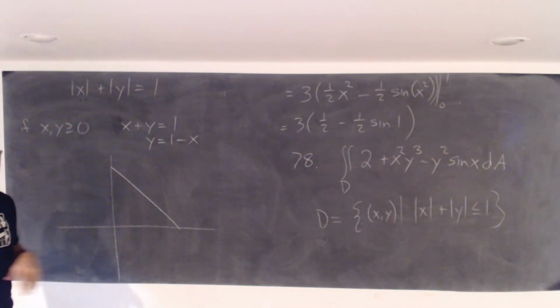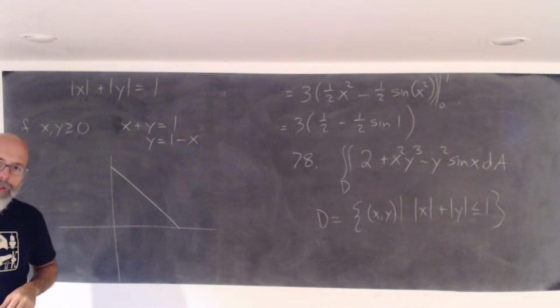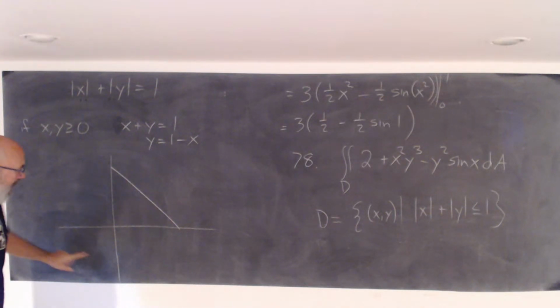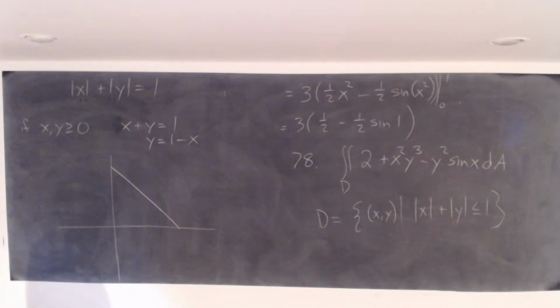But now let's be smart. Look, you have options. You could split it up according to when x is negative and y is positive, and when x is negative and y is negative, and when x is positive and y is negative. That's fine, and you'll get the right thing.